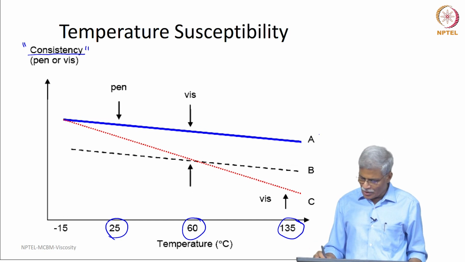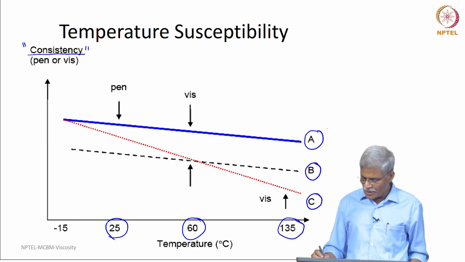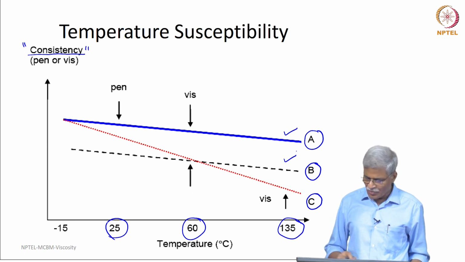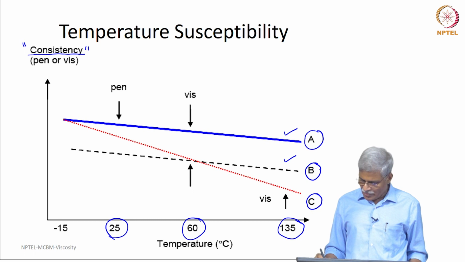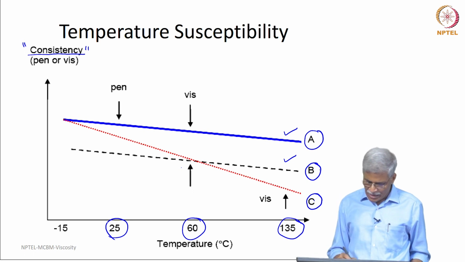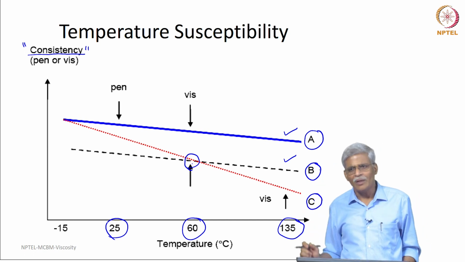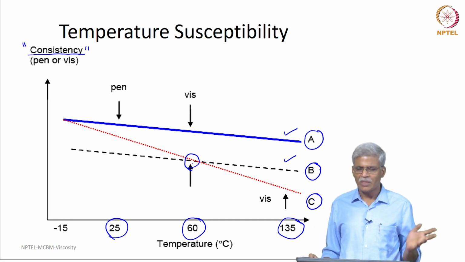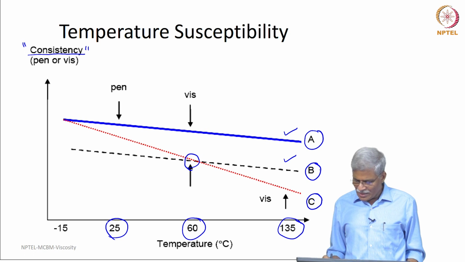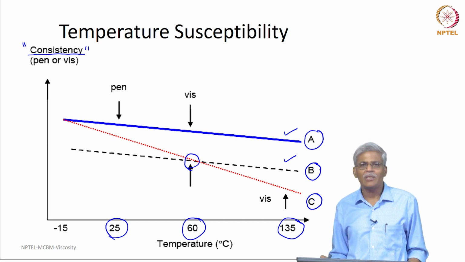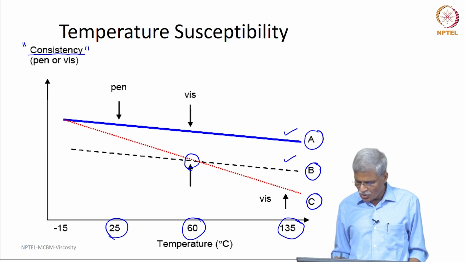So, now you look at 3 binders, binder A, binder B and binder C. You can see that binder A and B are parallel to each other as a function of temperature, and when you look at binder B and binder C, at 60 degree centigrade both seem to have the same viscosity, same consistency, but binder C shows a drastic variation in its behavior as a function of temperature.